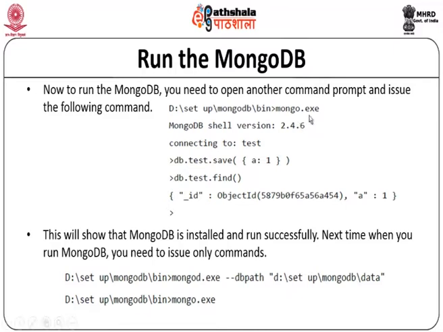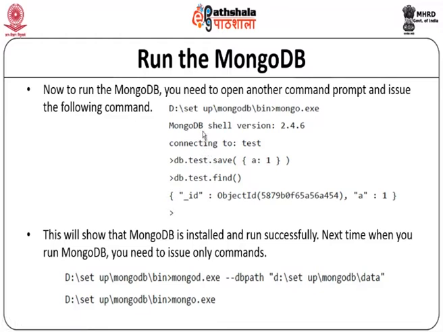If you type this mongo.exe, MongoDB, after running, will highlight what version of MongoDB is running, whether it is successful or not, and accordingly it will display an answer. Now, this actually shows whether the MongoDB version that you have taken has been installed correctly and is running properly.